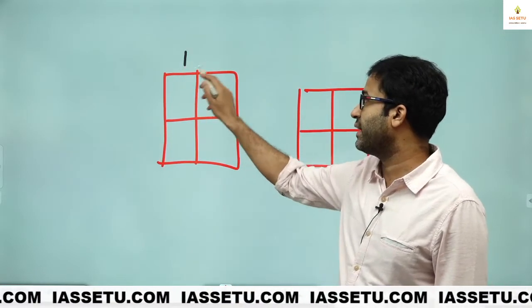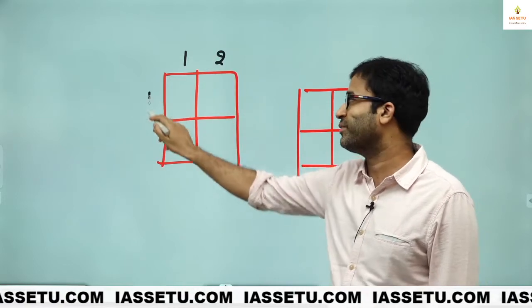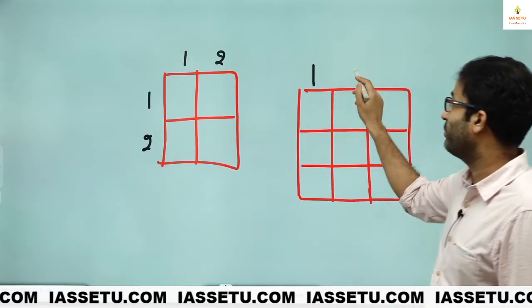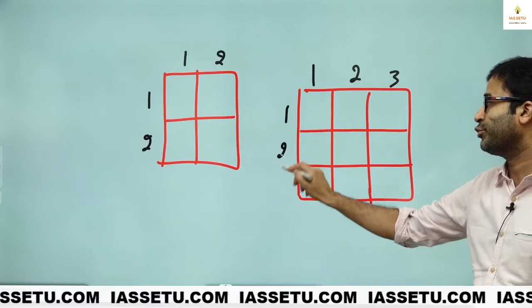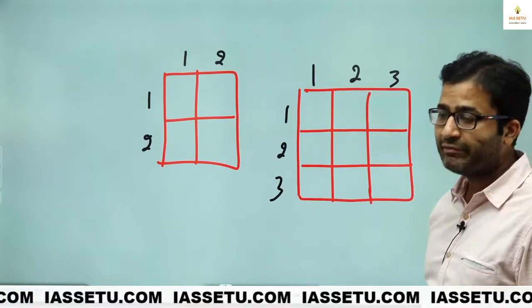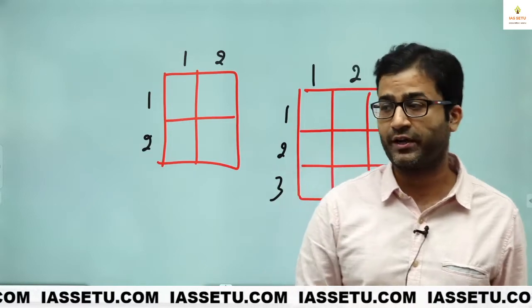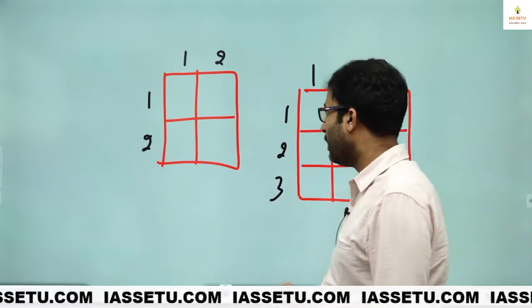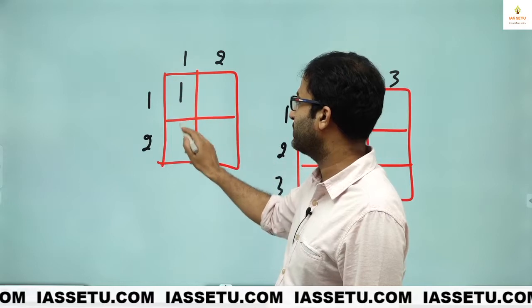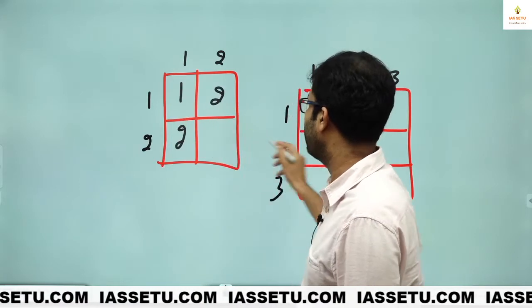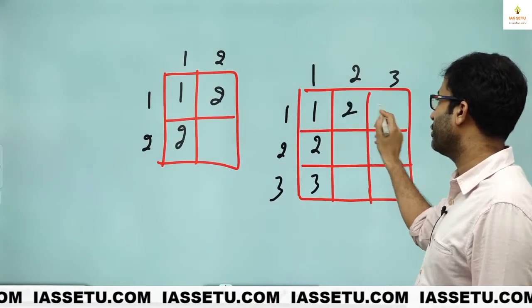Either you can name it like column number 1, column number 2, row number 1, row number 2. This is column number 1, 2, 3, row number 1, 2, 3. So that it will be easy for us to name this figure and we can apply our short trick. Or I name it like this is vertical cell 1 and 2, this is horizontal cell 1 and 2. 1, 2, 3, 1, 2, 3.